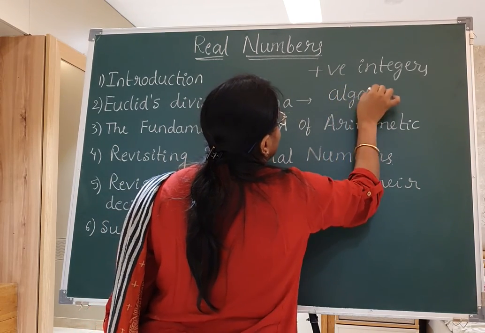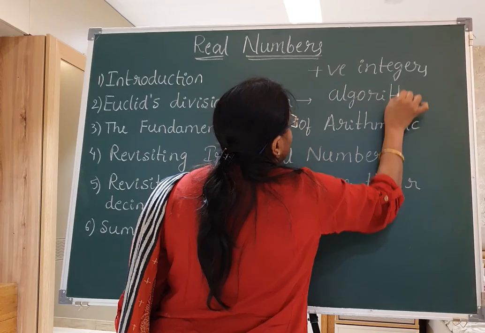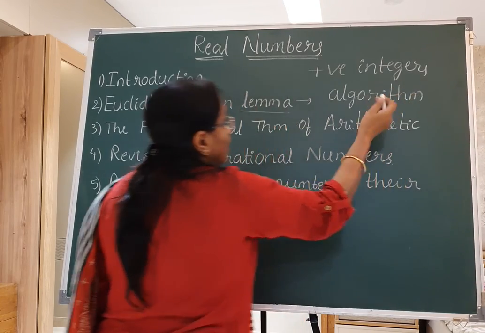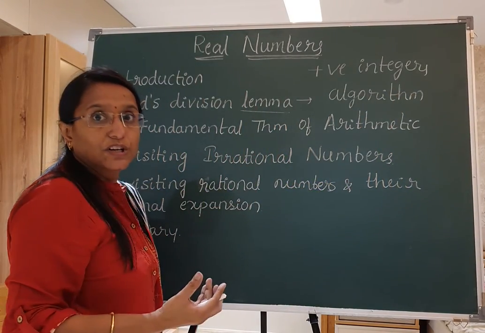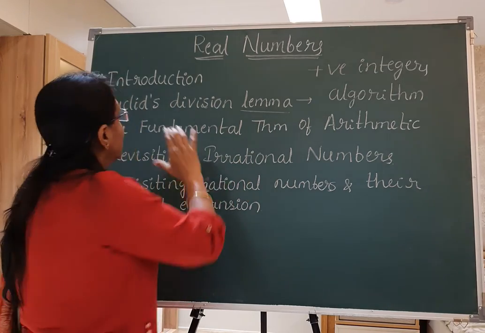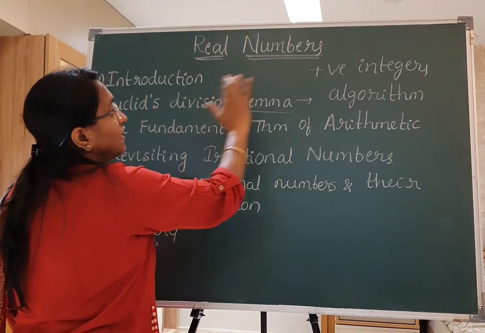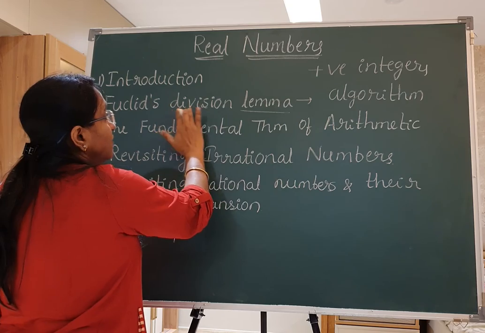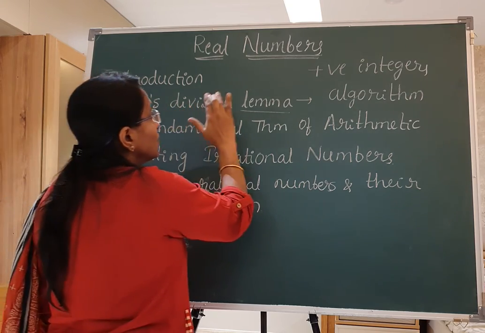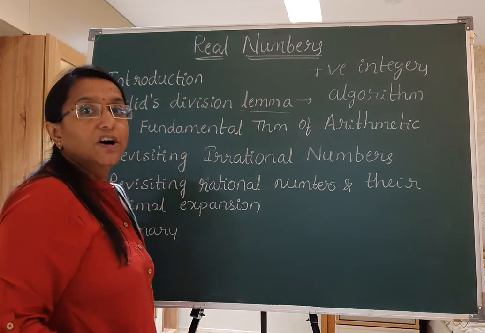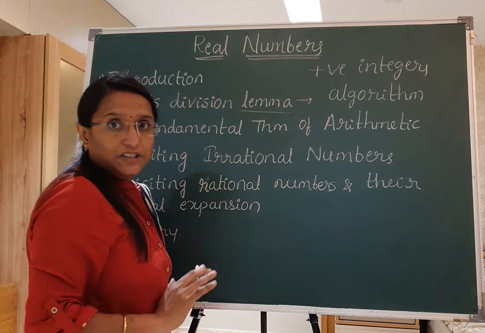Algorithm means it contains systematic steps. If we follow those steps, we will get the solution for a problem. Division means this is associated with divisibility of positive integers.